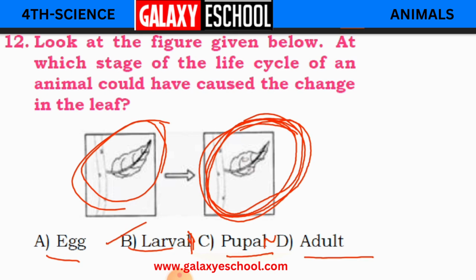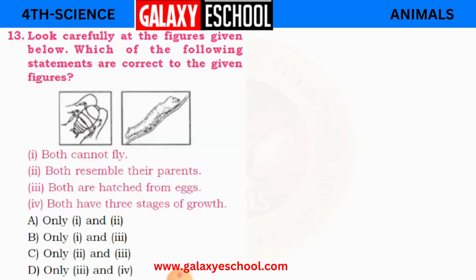So when the larva is on the leaf, automatically that larva is going to take the food from the leaf. So that is why the leaf shape has been changed. Clear, children?